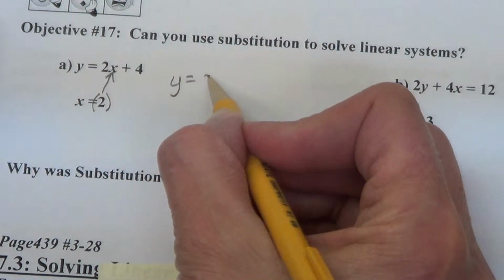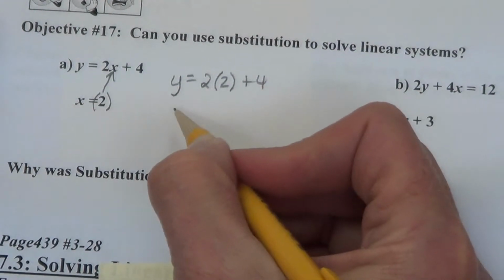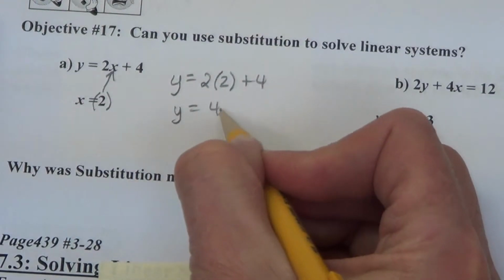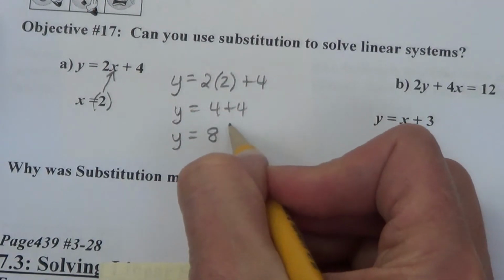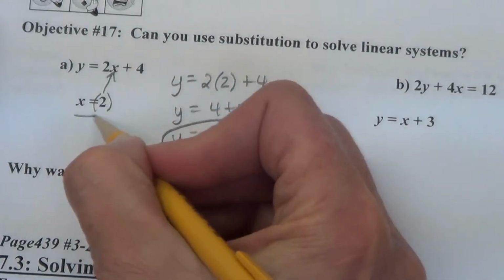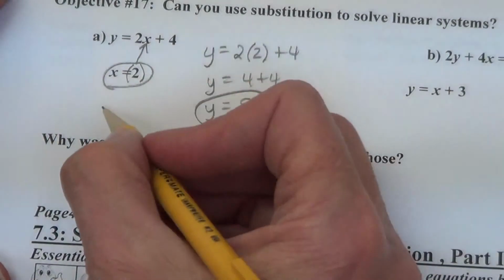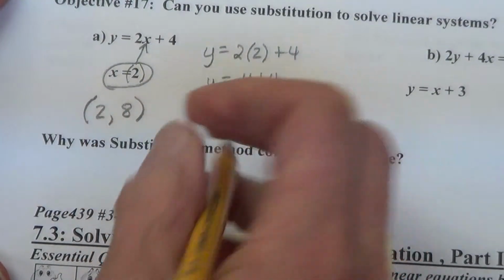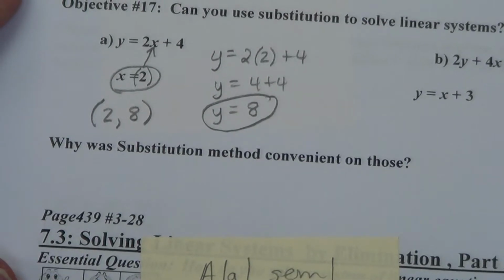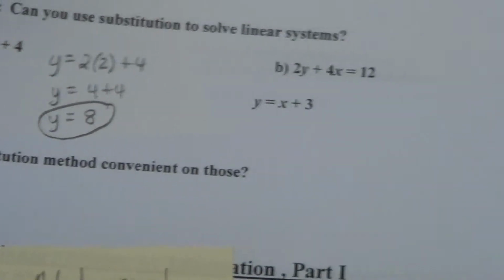Y equals 2 times 2 plus 4. Y equals 4 plus 4. Y equals 8. So we know that the solution to this equation is (2, 8). You do have to write it as a point because I need to know that you're remembering that it is a point that you're solving for.